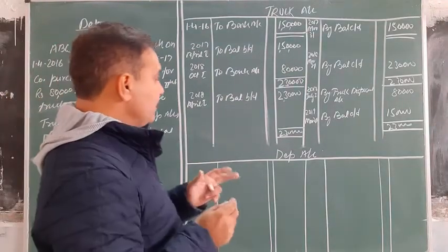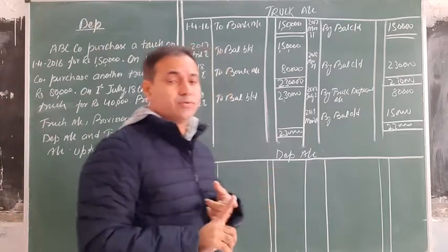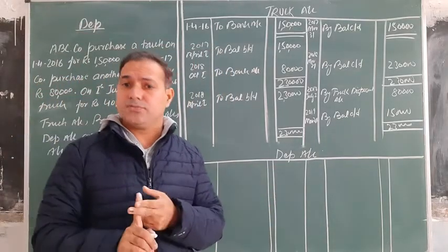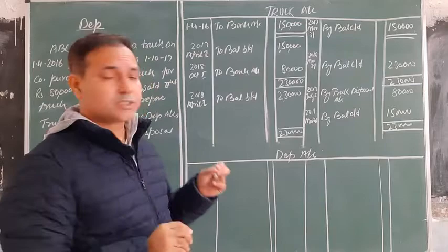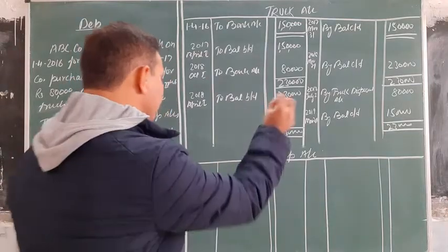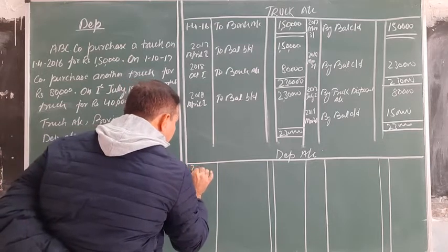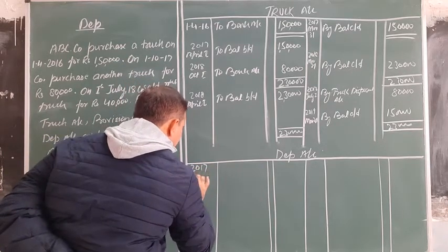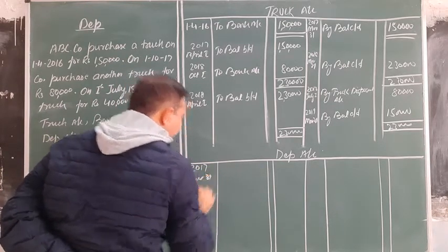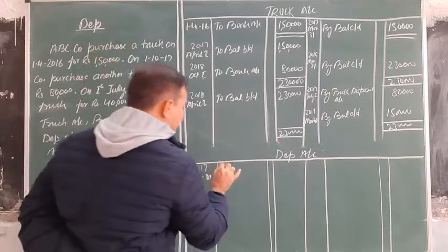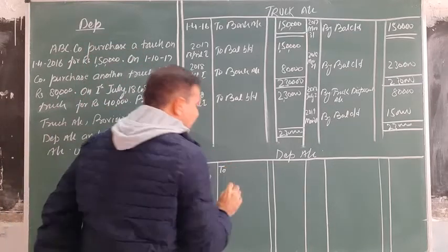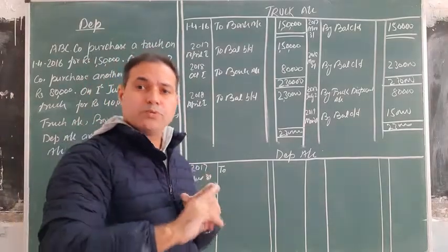So in the depreciation account, first we will charge depreciation at the end of the first year, that is 31st March 2017. On 31st March 2017, we charge depreciation, and the depreciation goes to provision for depreciation.